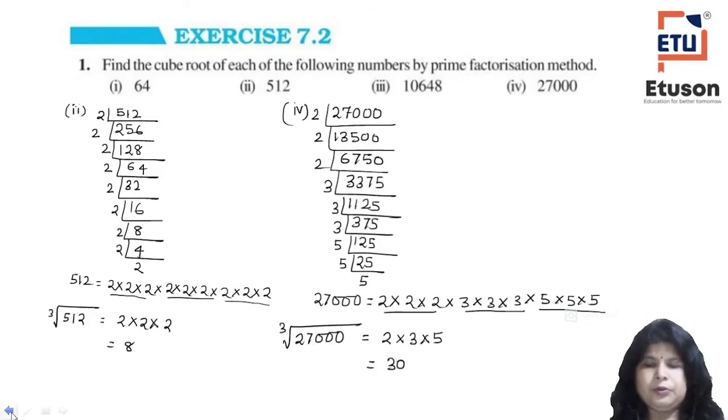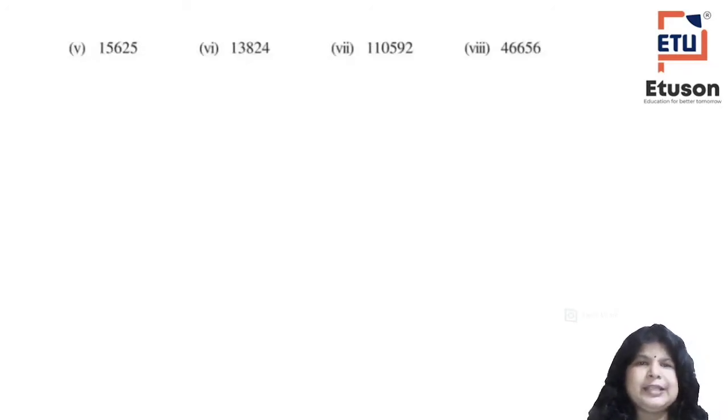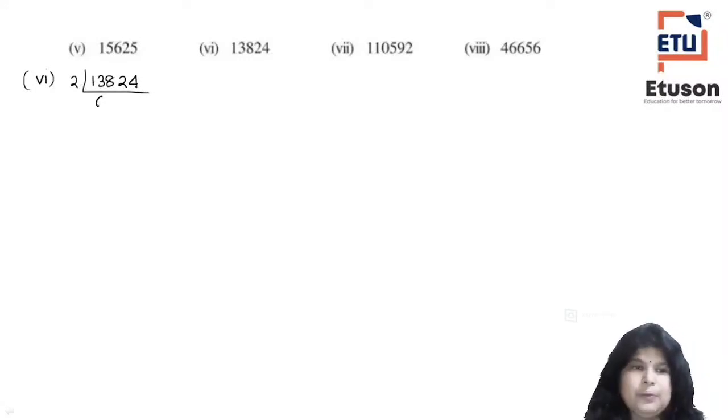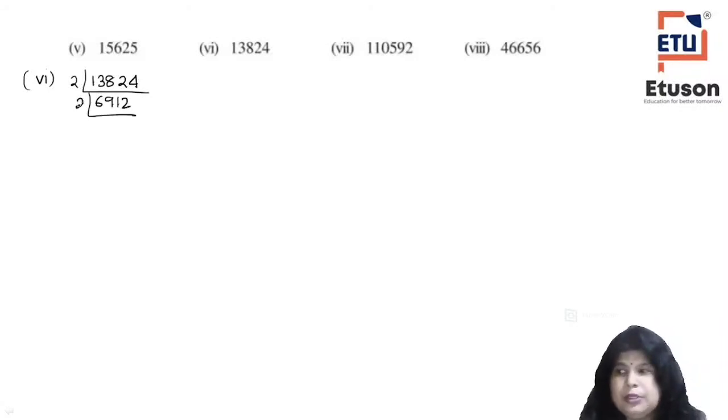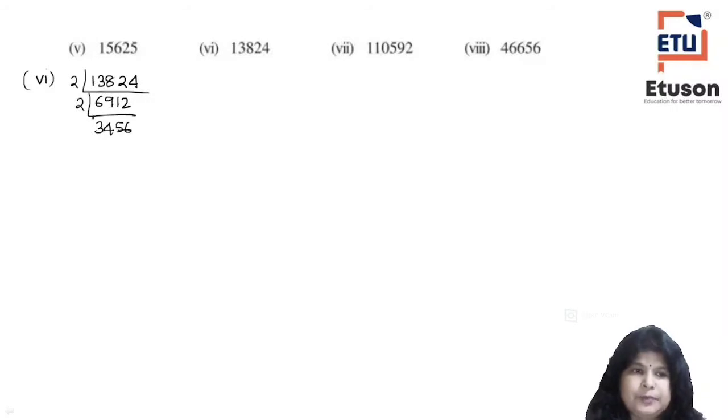Now let us go to the next question. Again I am doing the even bits. So you have bit 6, that is 13824. Let us find out the factors of 13824. Divided by 2, you have 6912. Divided by 2, you have 3456.